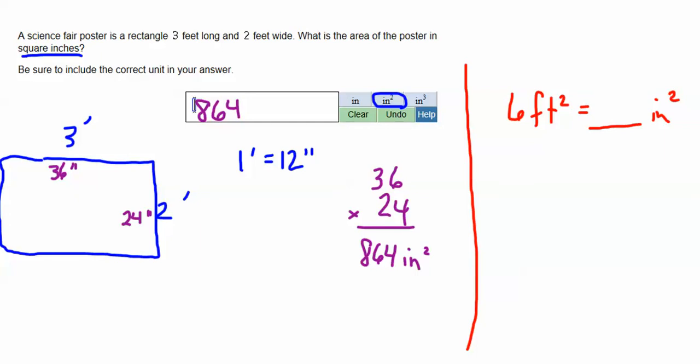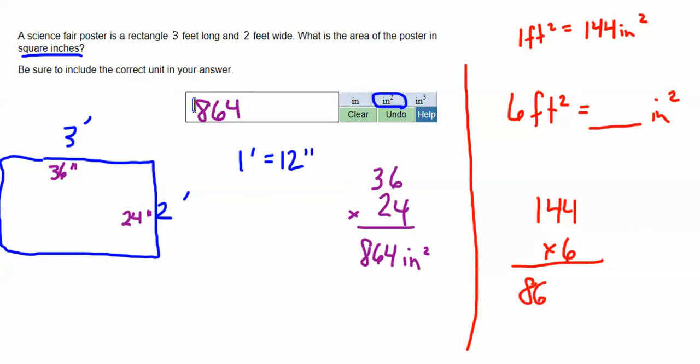But we're talking about feet squared to inches squared. So you're actually doing 12 times 12. So 1 square foot is equal to 12 times 12, which is 144 square inches. So we would be doing 144 square inches times the 6 square feet, which again gives us 864.